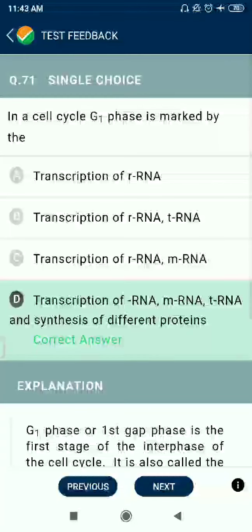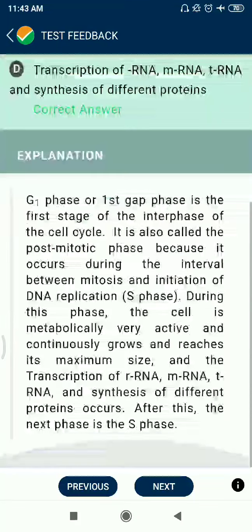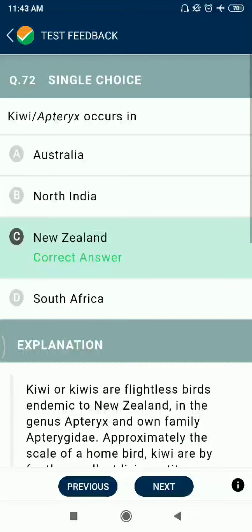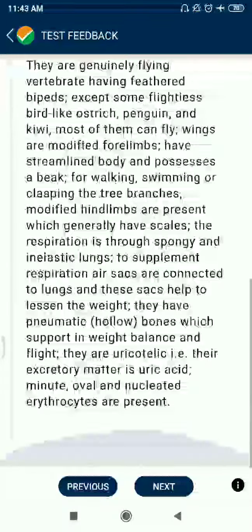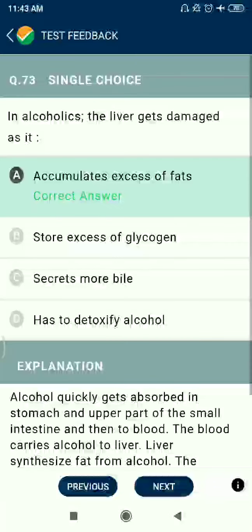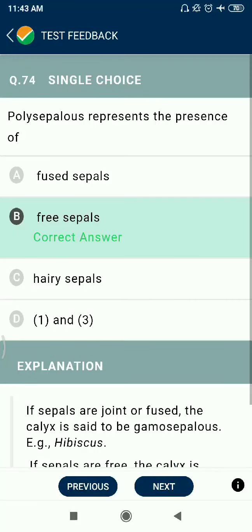Question number 71. In a cell cycle, G1 phase is marked by the transcription of RNA, mRNA, tRNA, and synthesis of different proteins. Question number 72. Kiwi, Apteryx, occurs in New Zealand. Question number 73. In alcoholics, the liver gets damaged as it accumulates excess of fats.